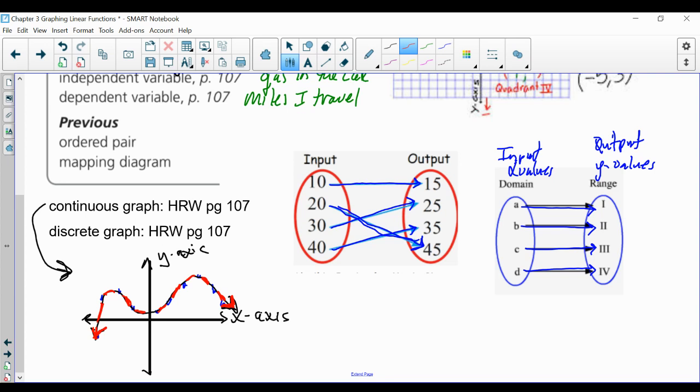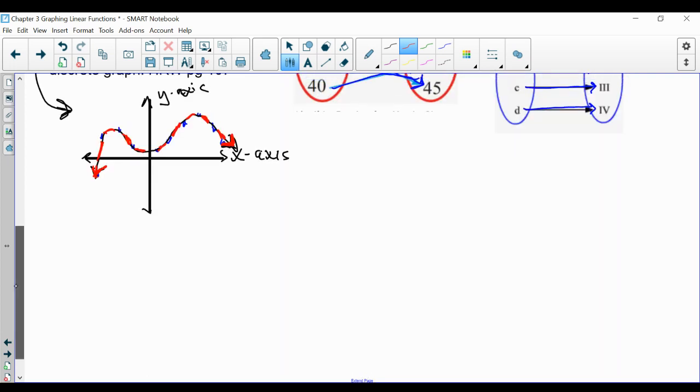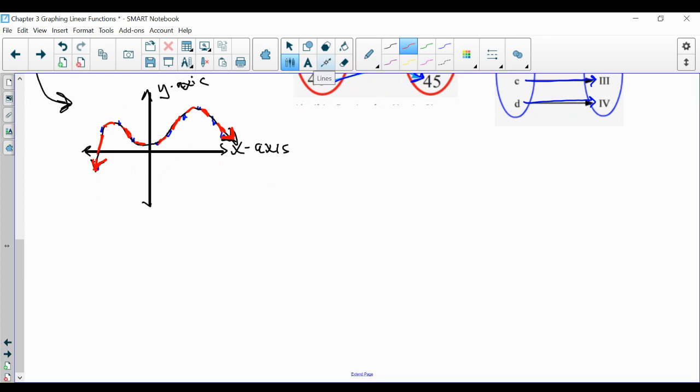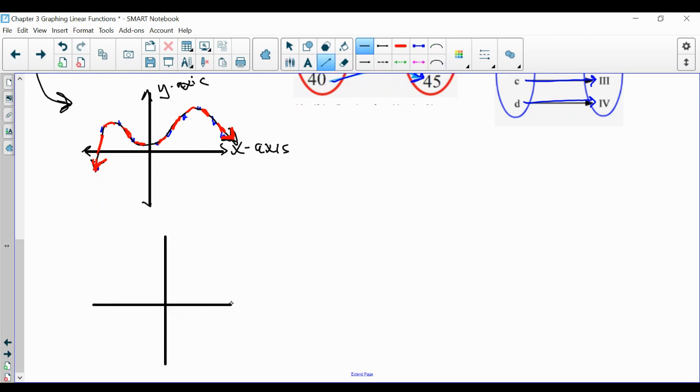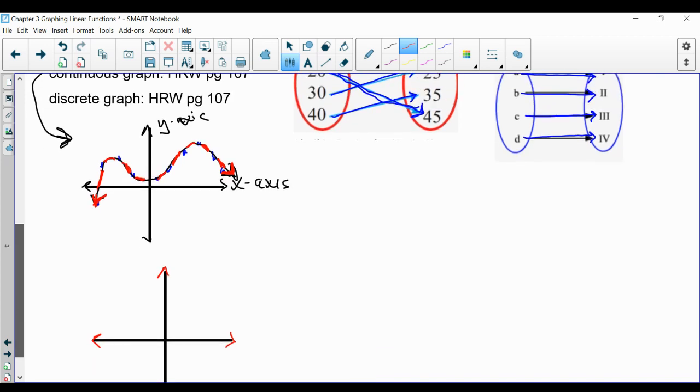So a discrete graph, so what it says is, I'm just drawing it.